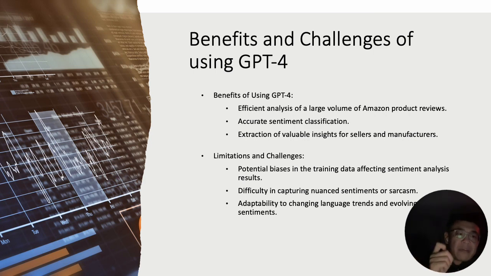We didn't stop there. We further experimented with GPT-4, the fourth iteration of the generative pre-trained transformer model. GPT-4 has been making waves in the AI community due to its very impressive language generation capability.